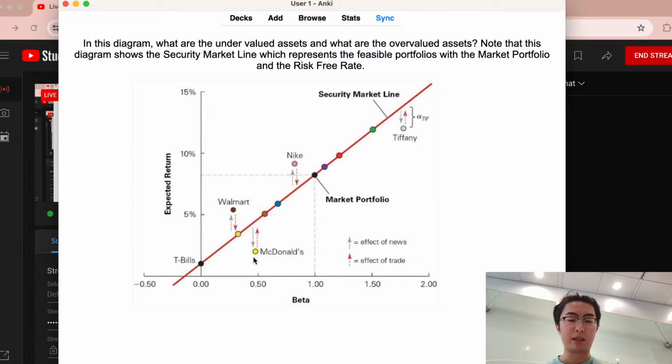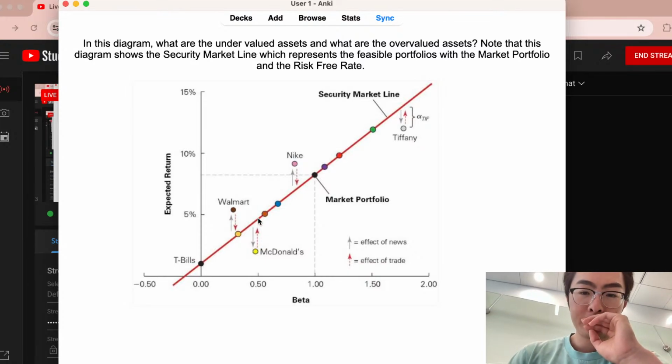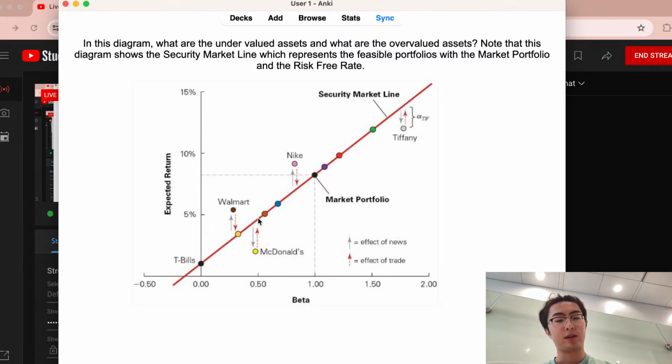So McDonald's here is a lower beta stock and also has an expected return that's lower than what the security market line says. What this probably means is that the price of McDonald's right now is too high for you to generate a high enough expected return.